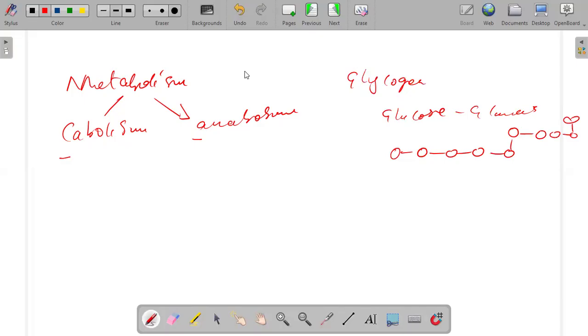So if we have excess glucose in the body, just from taking a meal, some of the glucose is going to be stored in the liver in the form of glycogen, right? So the building up of this glycogen is what we call anabolism. From small glucose molecules, we join them together, we form a complex molecule, and that complex molecule is glycogen.